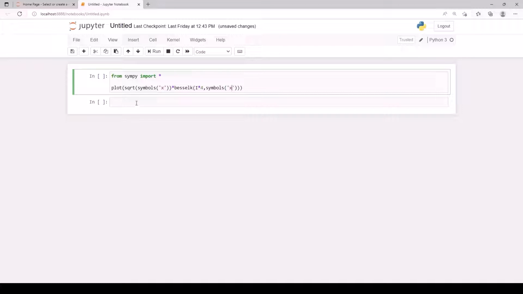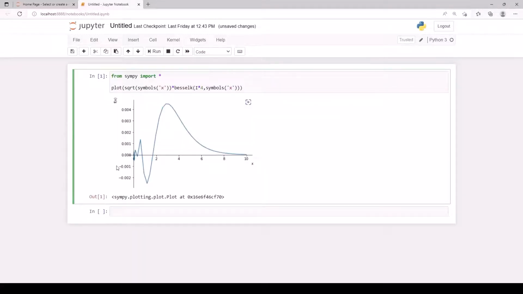So this is basically the square root of x multiplied by the Bessel function of order ig of x, because remember there's technically a kappa in the front, but that is equal to 1 as the problem told us, so we just set it equal to 1. And if we plot it, we get something like this.